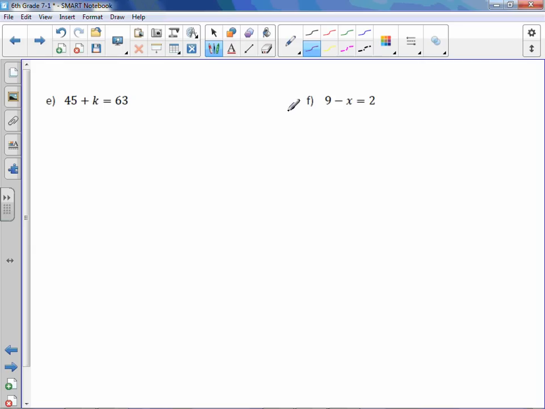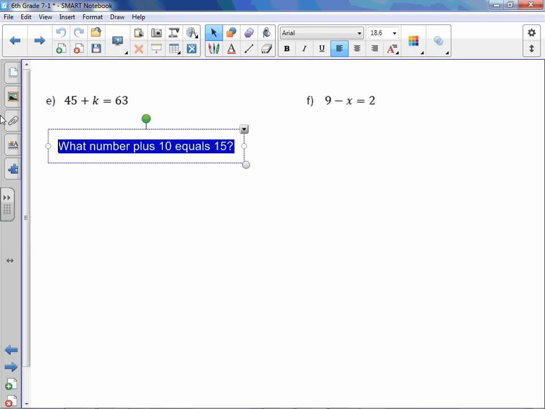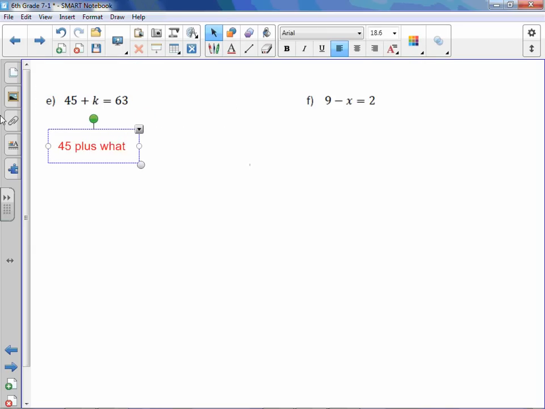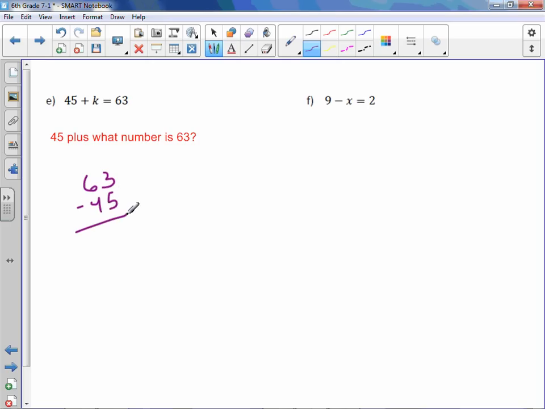Letter E. 45 plus what number equals 63? 45 plus what equals 63? Well, to figure out what number is added, I can actually use subtraction here to find the missing number.